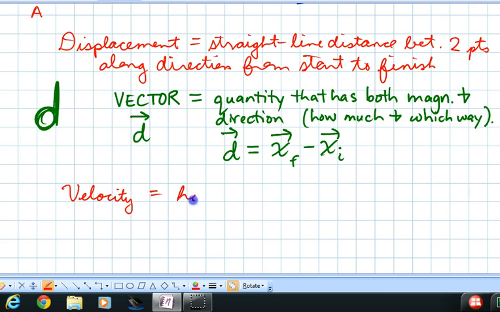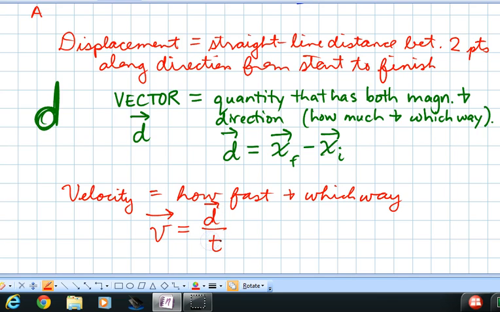And velocity is how fast and which way. So there's the vector part of it. And instead of writing a v, we put a v with an arrow above it. And just like you guessed, velocity is going to be displacement over elapsed time.